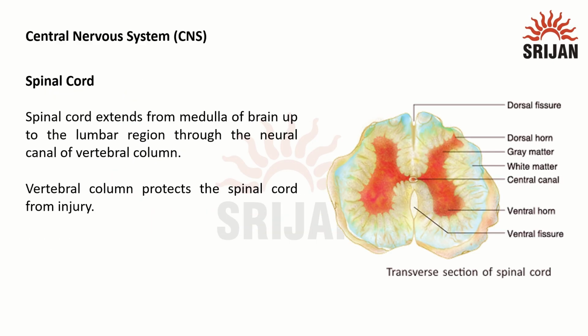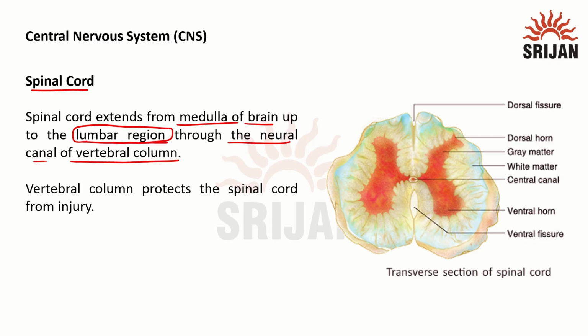The next part of the CNS is the spinal cord. The spinal cord is a rod-like structure running through the hole in the backbone. It extends from the medulla of the brain up to the lumbar region through the neural canal of the vertebral column. The lumbar region is our tail region.